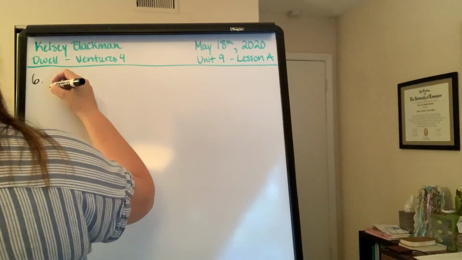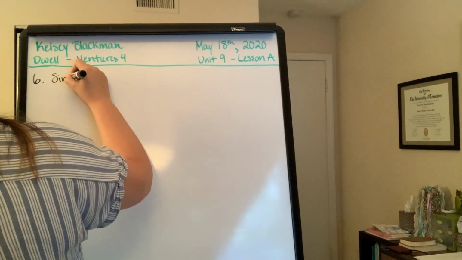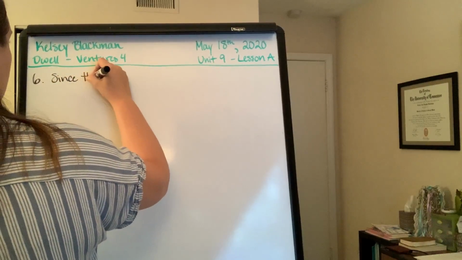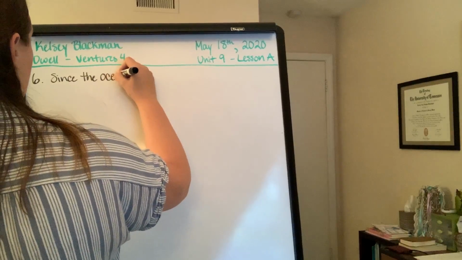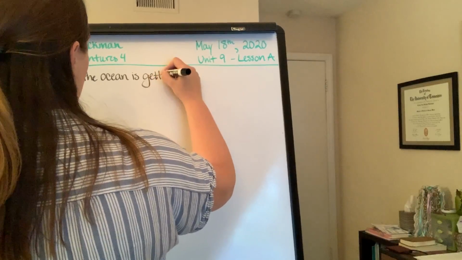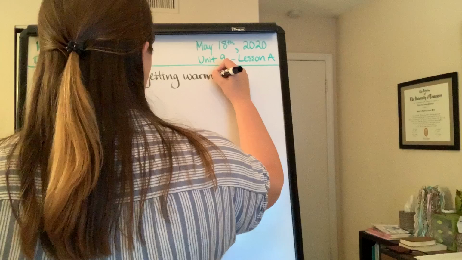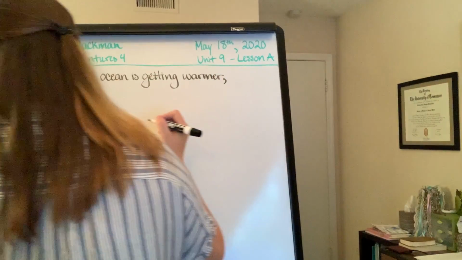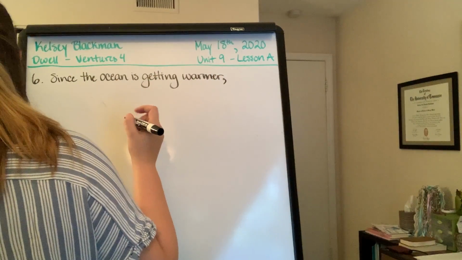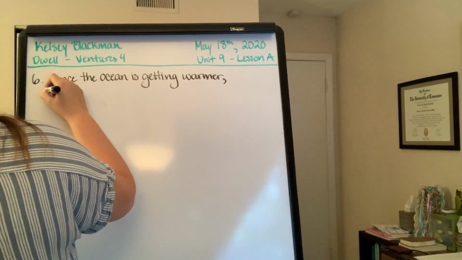The ocean is getting warmer. Since the ocean is getting warmer, typhoons and hurricanes are becoming more frequent.